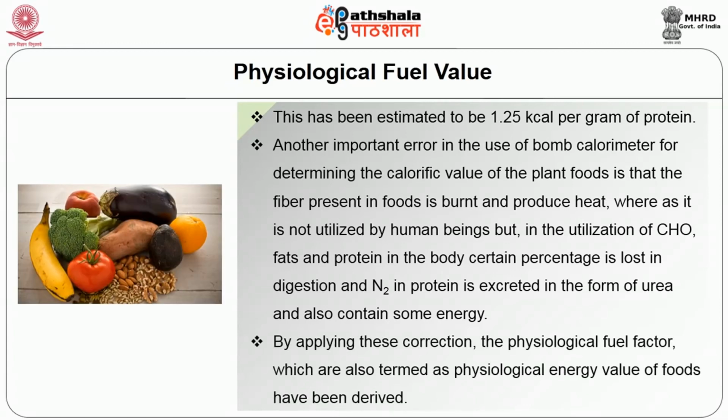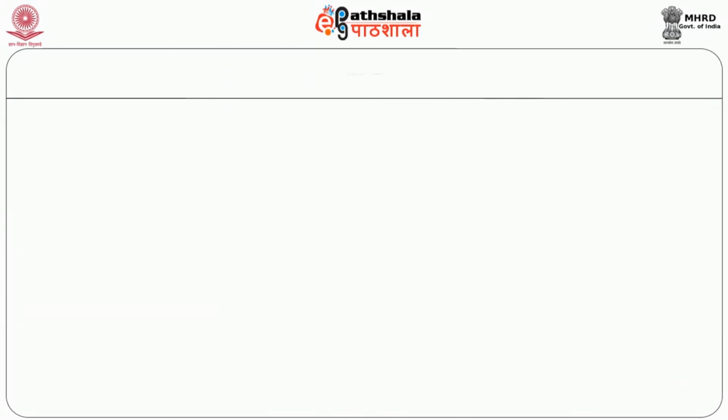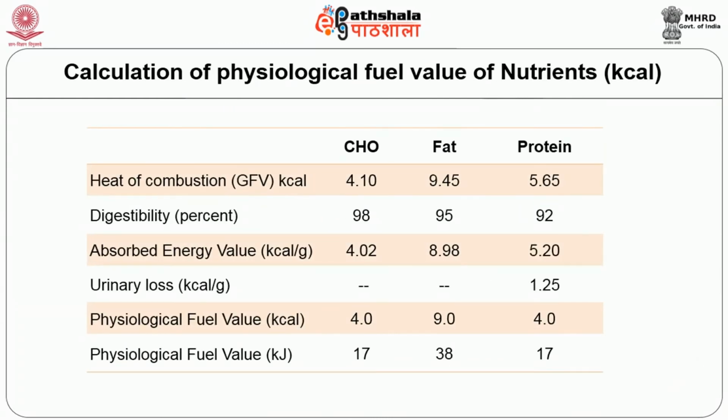By applying these corrections, the physiological fuel factors, also termed the physiological energy value of food, have been derived. Now we will look at this table, the calculation of physiological fuel of nutrients in terms of kilocalorie.